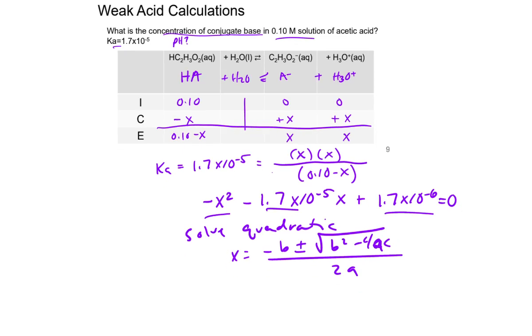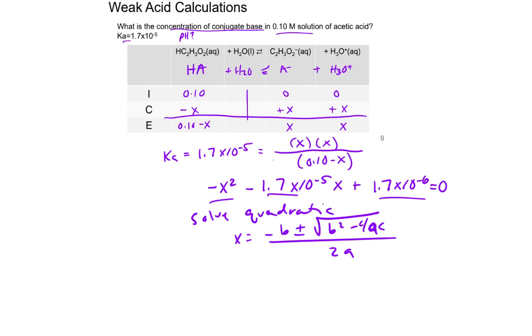I will let you work that out at some other point. I'm going to give you the answers here. We end up with x is either 1.3 times 10 to the minus 3 or minus 1.3 times 10 to the minus 3. Those are the two answers to solving that quadratic.